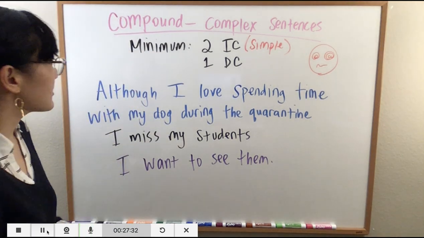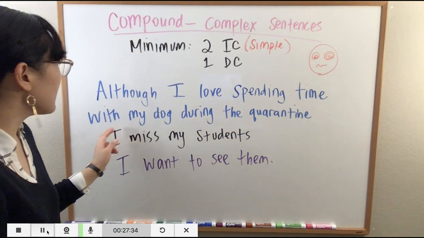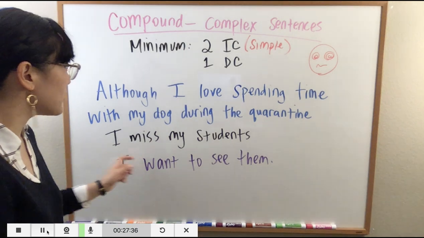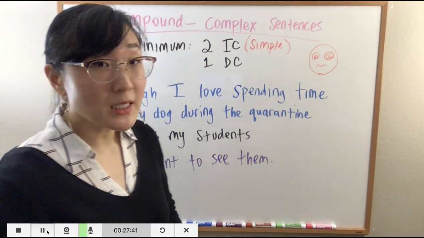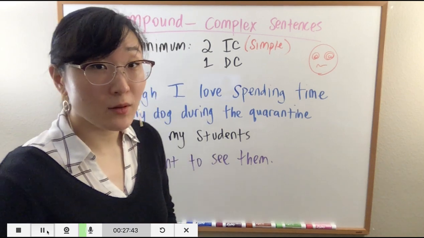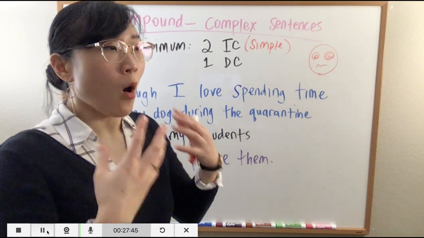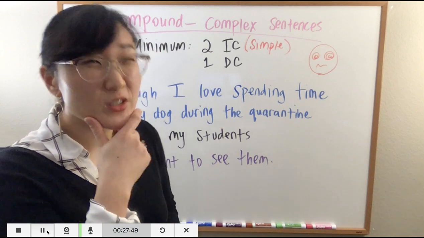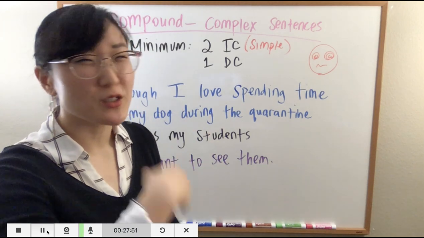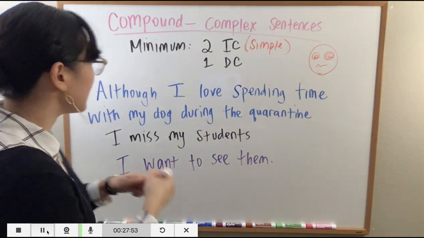So, look at this. Although I love spending time with my dog during the quarantine, I miss my students, I want to see them. Okay, sometimes when you read a sentence out loud, you may realize that's a lot to say in one breath. So, there's something wrong here. I need punctuation, I need commas to separate this idea.